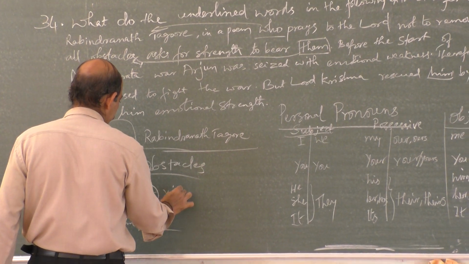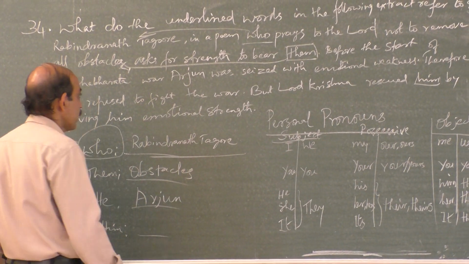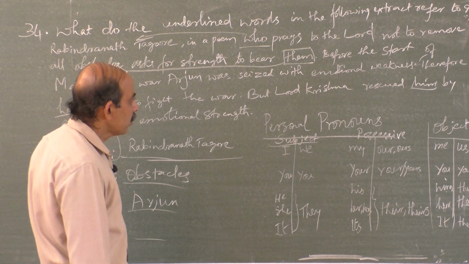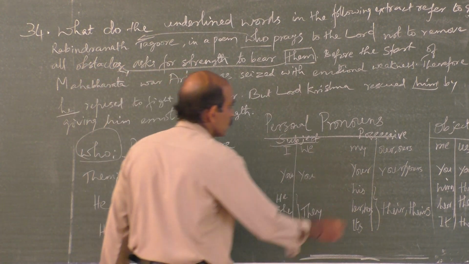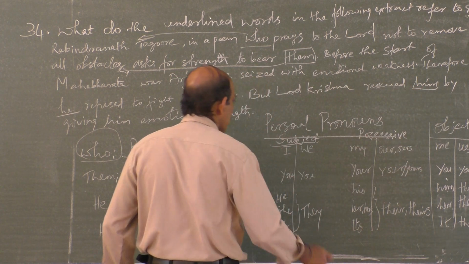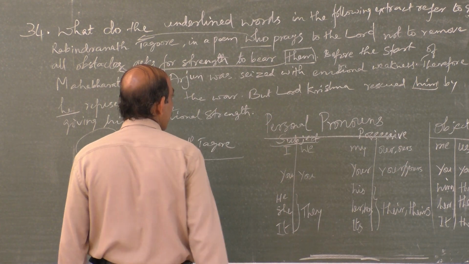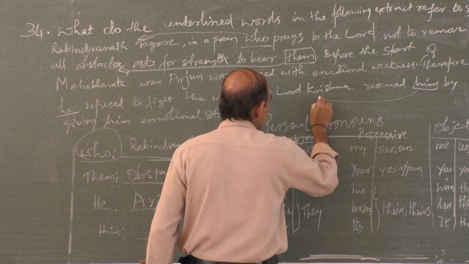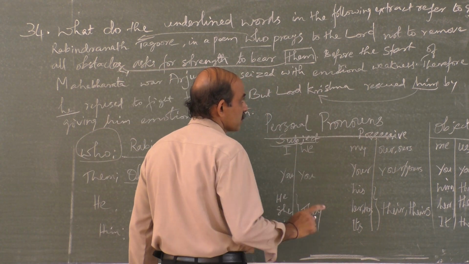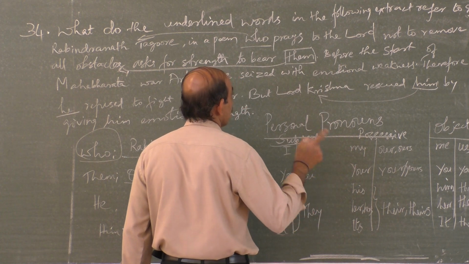Arjun. Then fight the war, but Lord Krishna rescued him. So him, objective case. So this is the object, but it refers to Arjuna once again. Lord Krishna is the subject. So naturally this is not the subject that is referred to; instead the object is referred to.